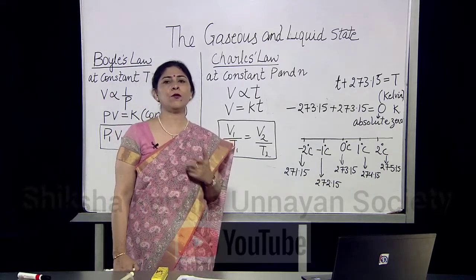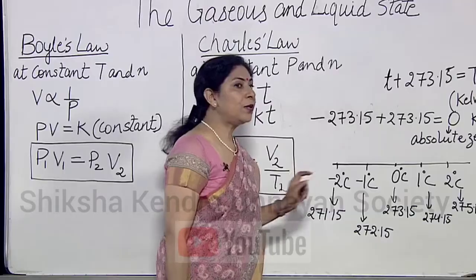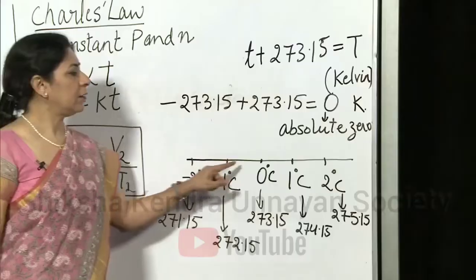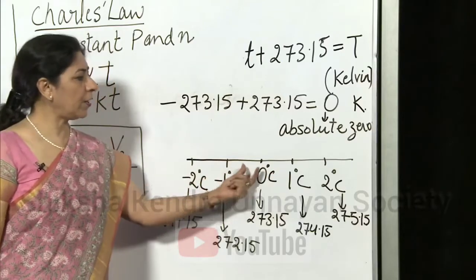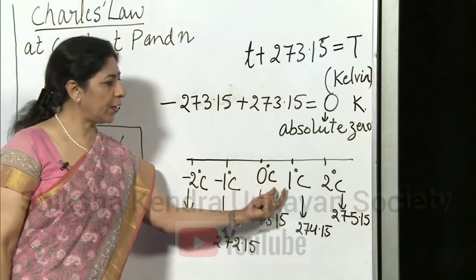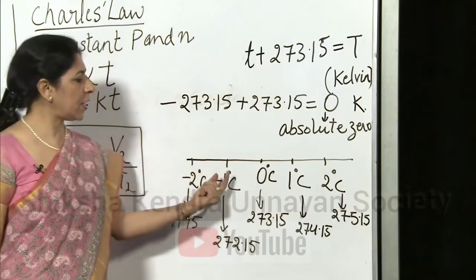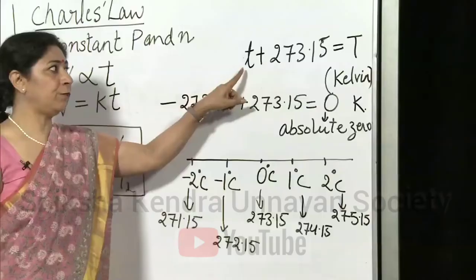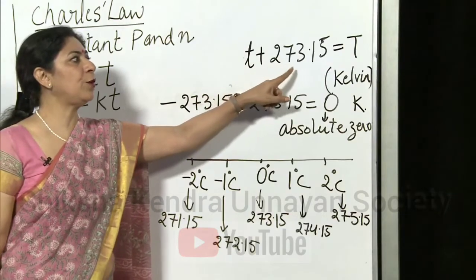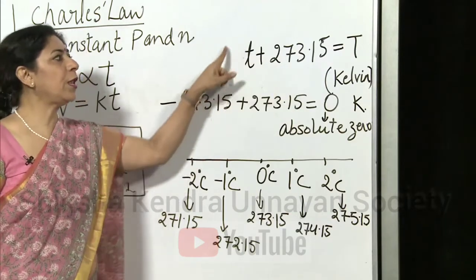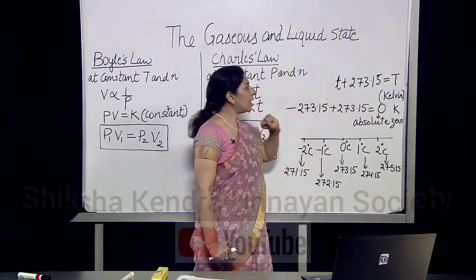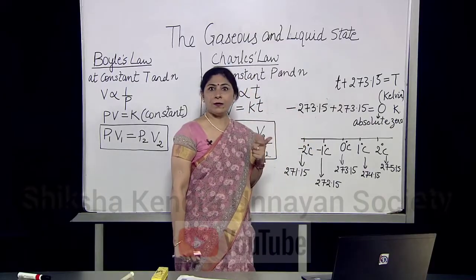Now, what is the meaning of absolute temperature? To understand absolute 0 better, let's draw one graph kind of thing where we have 0 degrees Celsius, 1 degree Celsius, 2 degrees Celsius and in minus. So, what he said is that when we add 273.15 to any given temperature, we get the Kelvin scale, the absolute temperature.